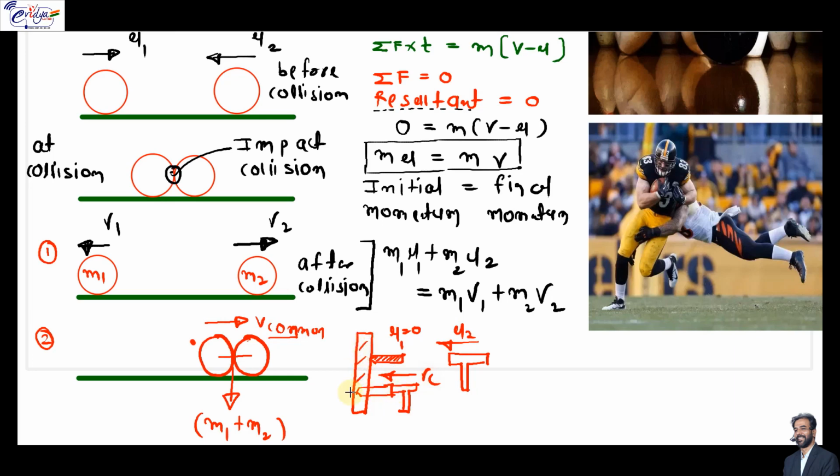Both together go, both bodies become one and they get one common velocity. And with common velocity they enter the particular wall. That is, if a man jumps in a boat, the boat and man together move. That is also an example of this possibility. So names are given to these possibilities.